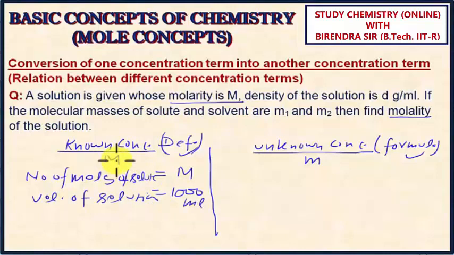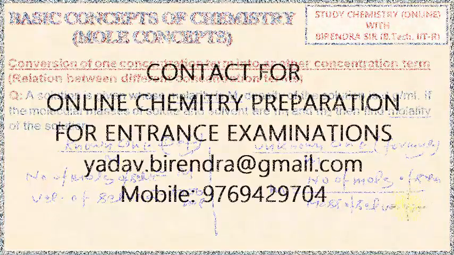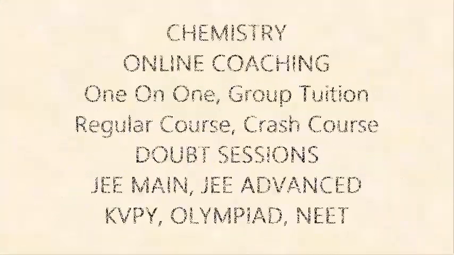So with the help of definition, I got two data. Now for formula of molality. Formula is what? Number of moles of solute upon mass of solvent in gram into 1000.